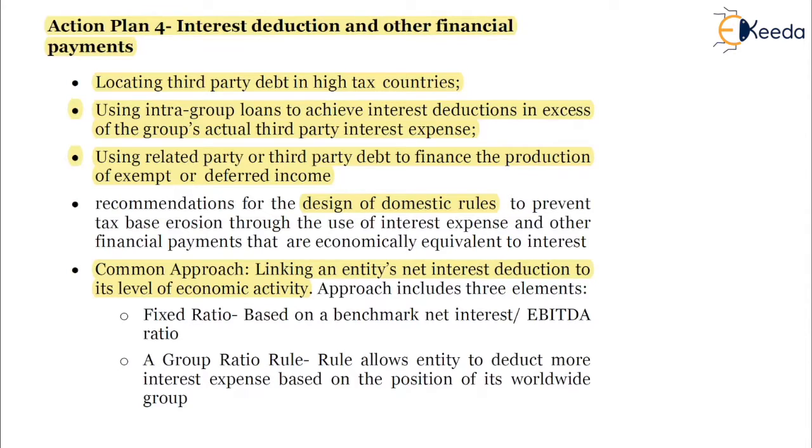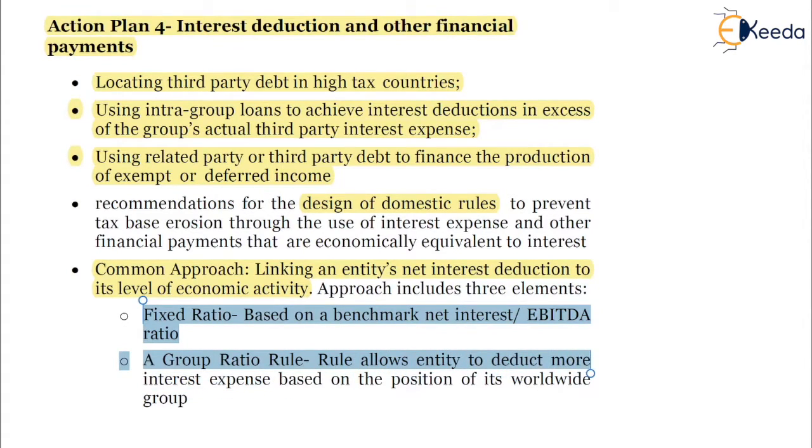So three elements, friends: fixed ratio based on a benchmark net interest to EBITDA ratio. This ratio has been adopted in India as well. A group ratio rule allows an entity to deduct more interest expense based on the position of its worldwide group.